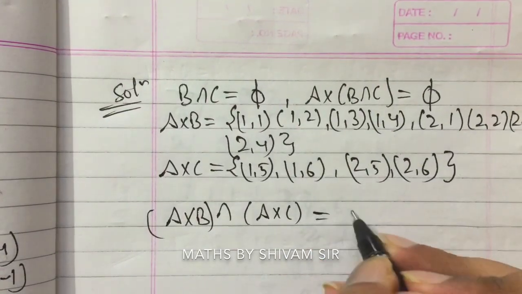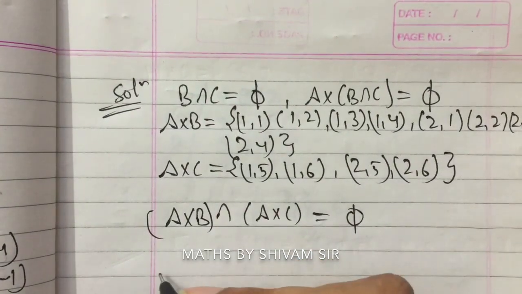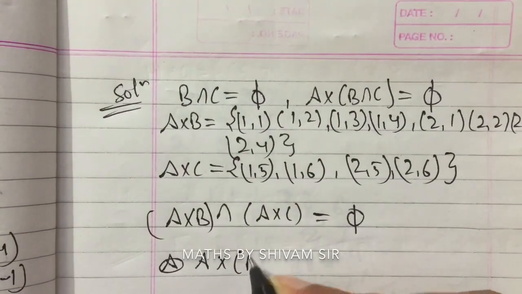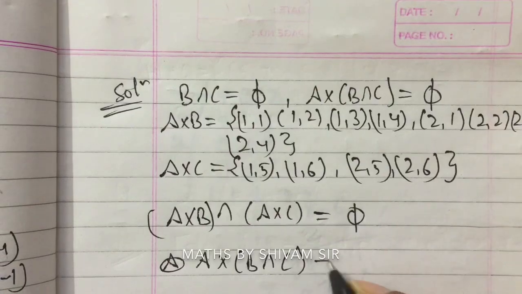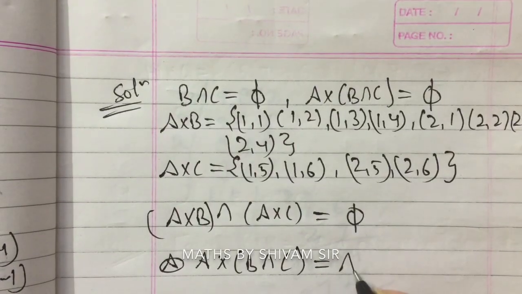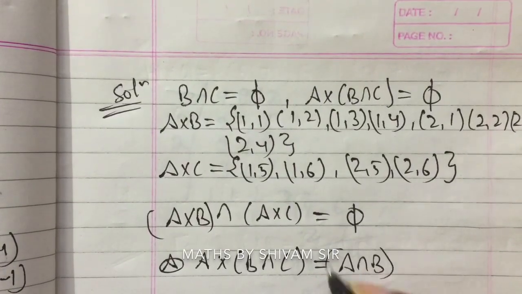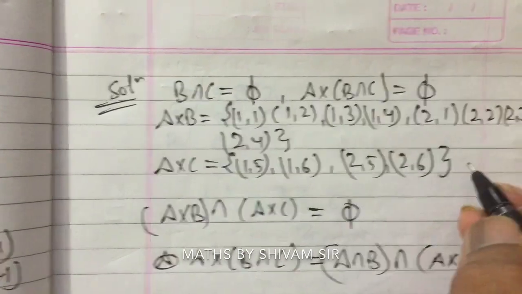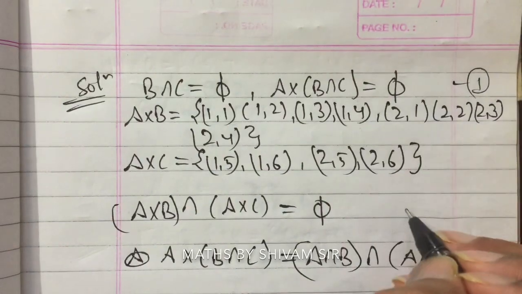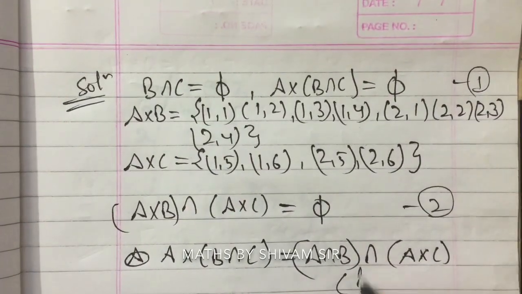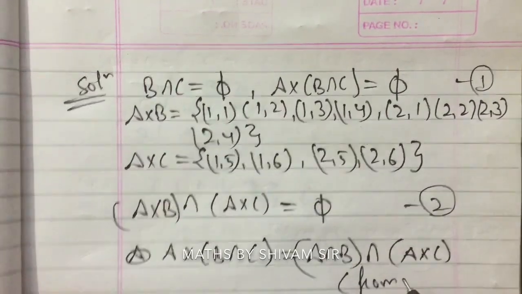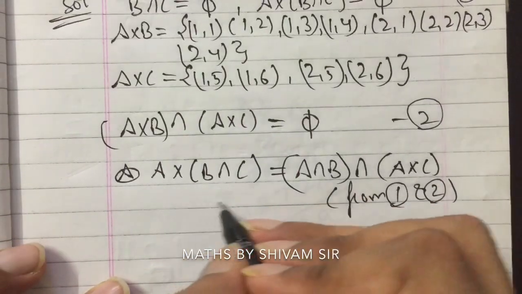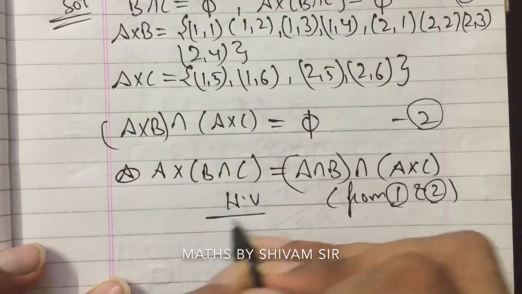So that means it is also empty. So since we can see A cross B intersection C is equal to A cross B intersection A cross C from statements 1 and 2, this means hence verified.